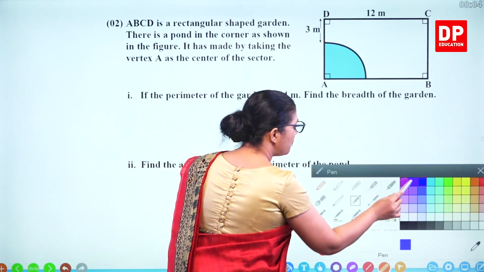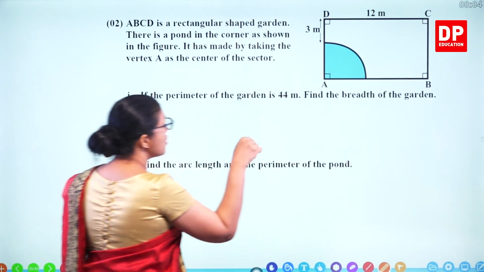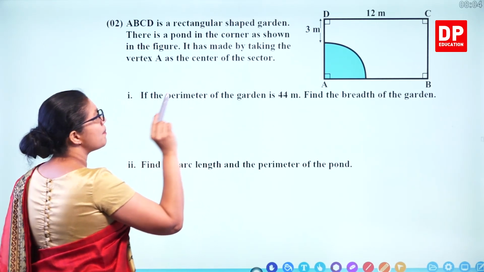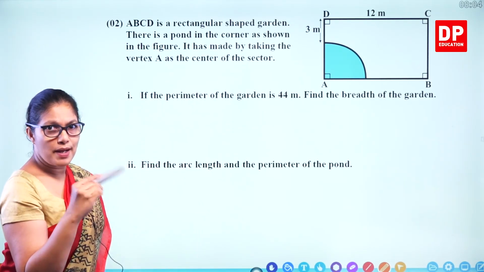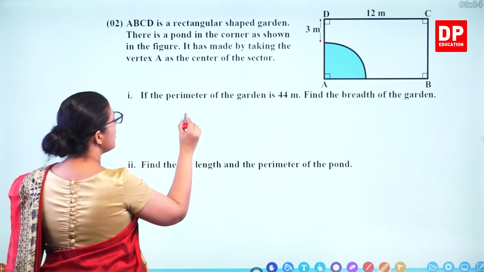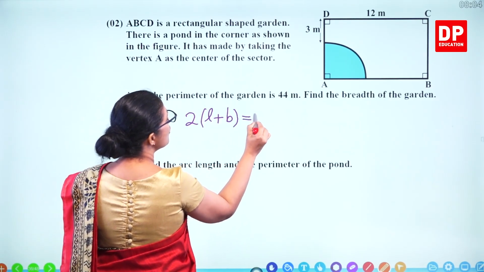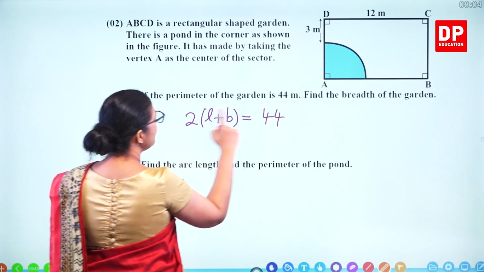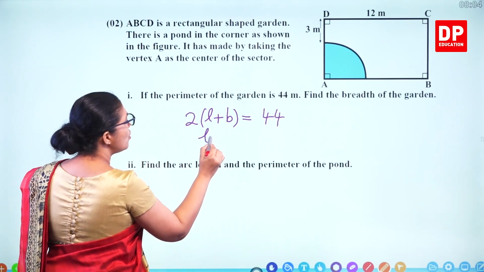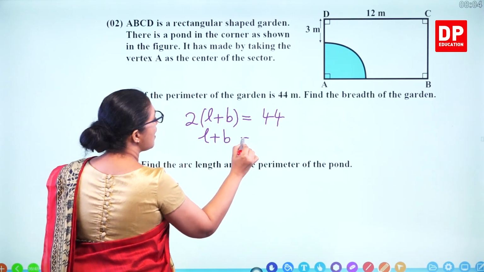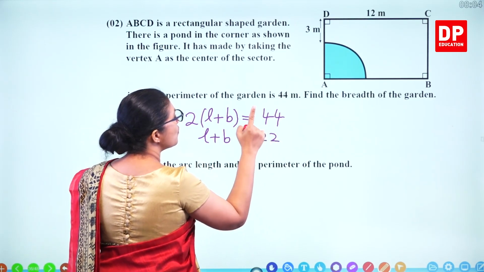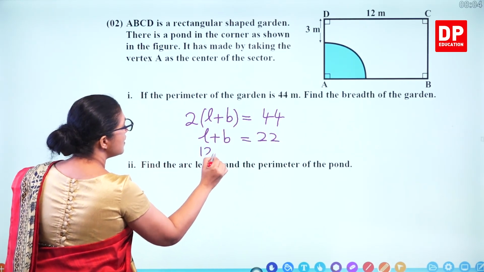So we know perimeter is length plus width plus length plus width, so double of length plus breadth is equal to 44. Divide by 2, length plus breadth becomes 22. But we know length is 12.